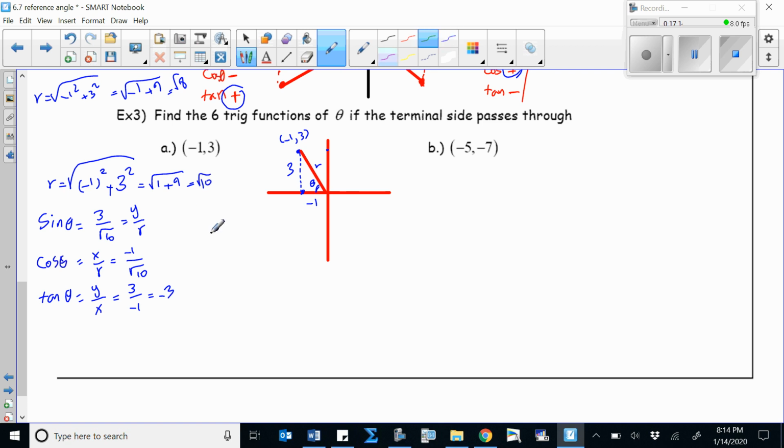Now the reciprocal functions. Cosecant of theta will be, just flip 3 over radical 10. That will be radical 10 over 3. Then secant of theta is the flipped form of this value, which is radical 10 over -1, which is just negative radical 10.